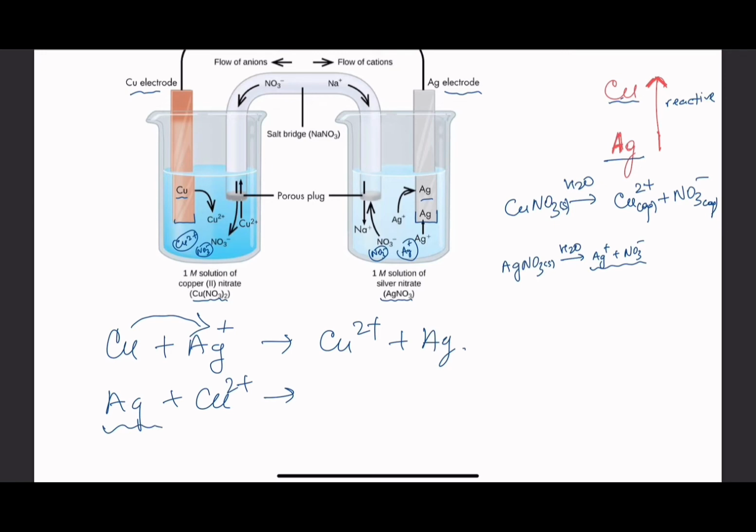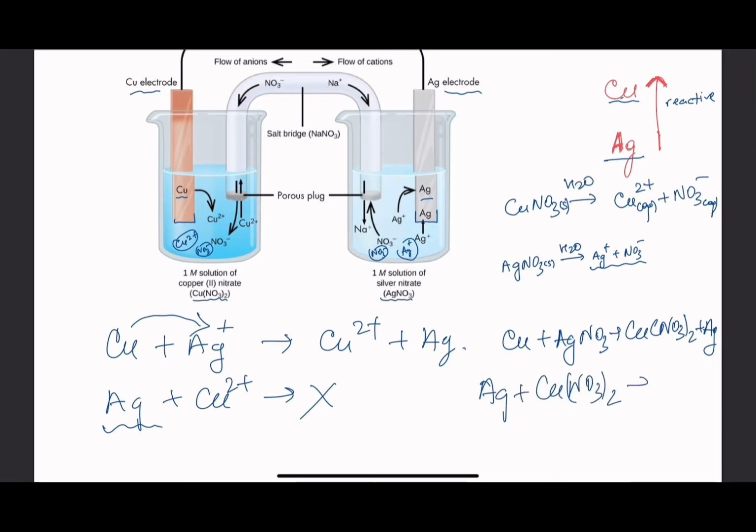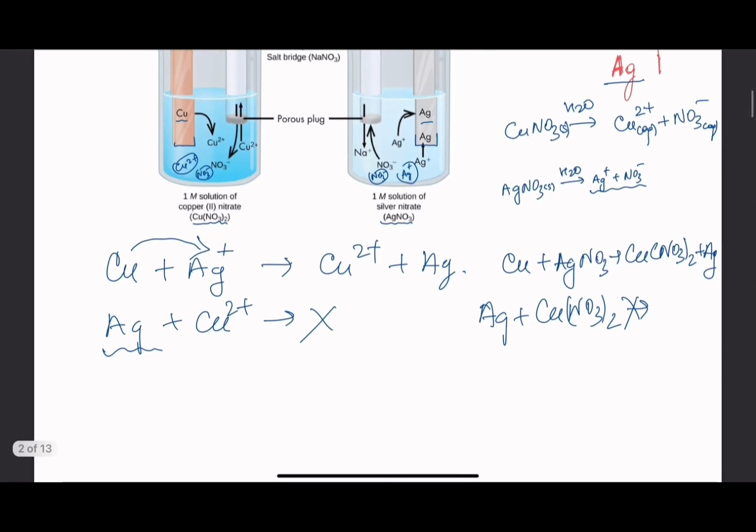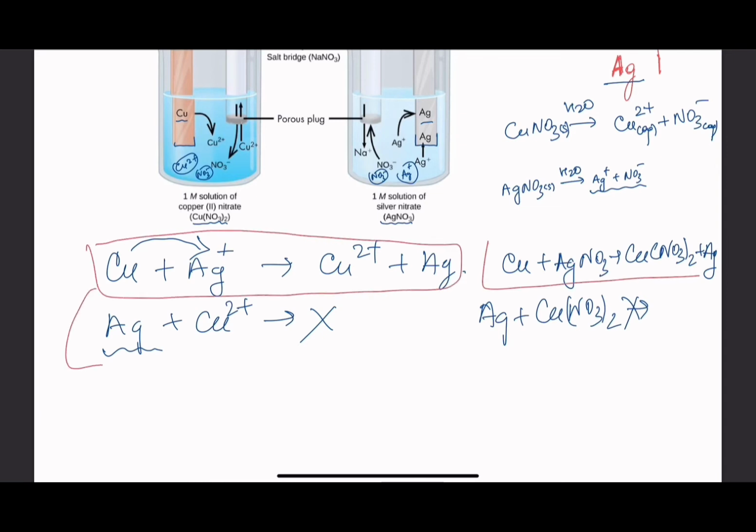But this other reaction is not going to work. It is not spontaneous. Or if you want to write it in terms of salt, copper plus silver nitrate gives you the product of copper nitrate and then silver. But this reaction of silver plus copper nitrate is not going to happen. Okay? So using this reaction, let's write down our half reactions.